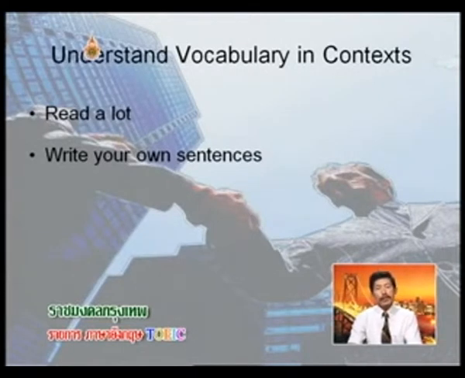Moreover, after reading, how you can use those new words effectively is that you have to practice writing your own sentences. Practicing writing reminds you of the words you are learning.